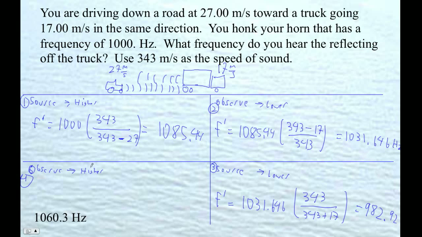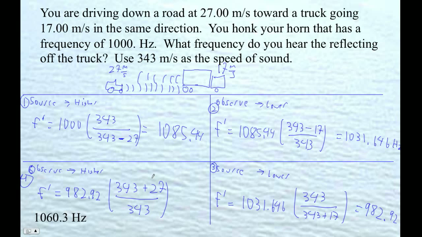They're going this way. Of course, now we're going to drive into that frequency. We're going to be moving observers, so our shifted frequency is the original frequency, 982.92, times 343, and then it's to a higher frequency, so plus 27 over 343.